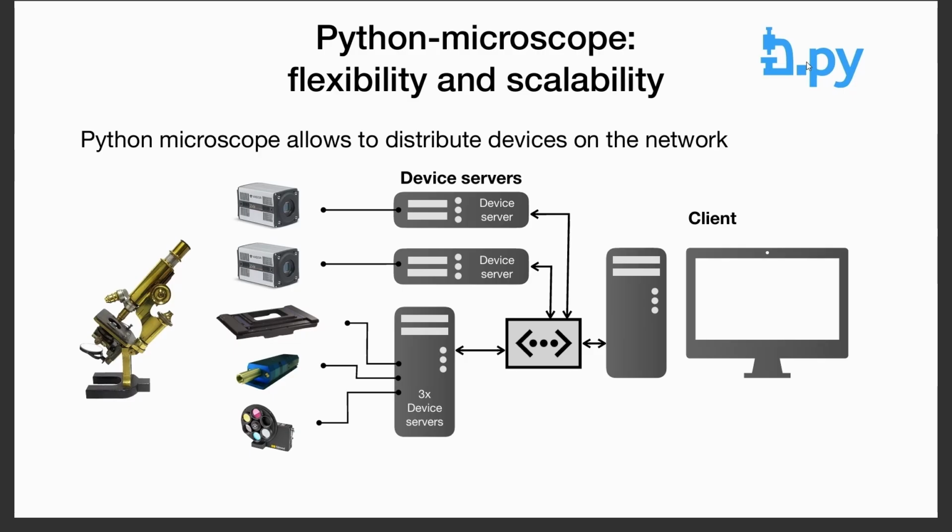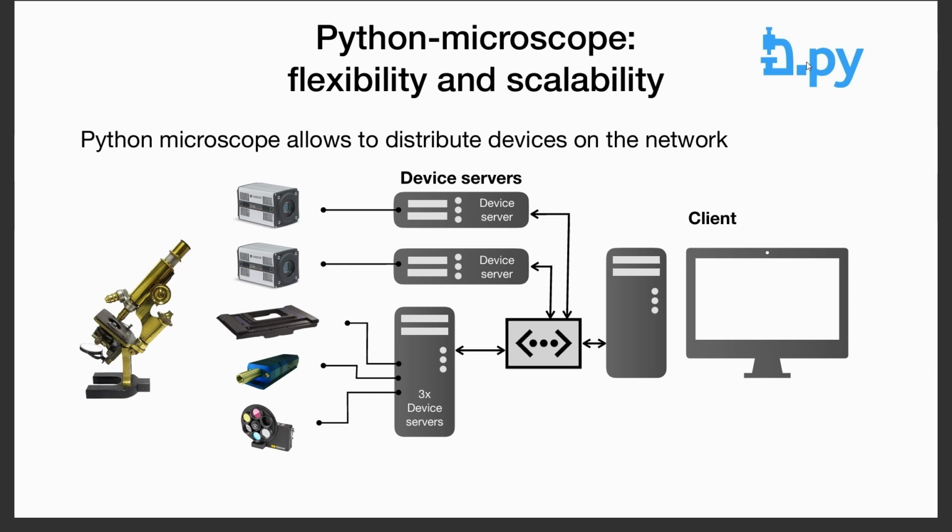What we do in Python Microscope is that all devices can be accessed through the network. You essentially make a server of the device, and you can control it remotely in exactly the same way. You can make a device server for one camera, a device server for another camera, and another one for all the rest of the devices.